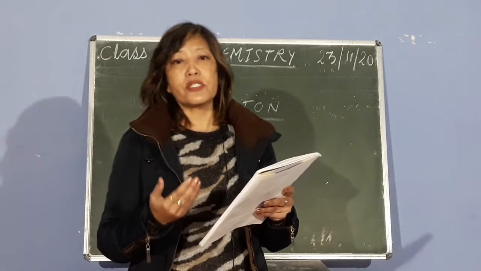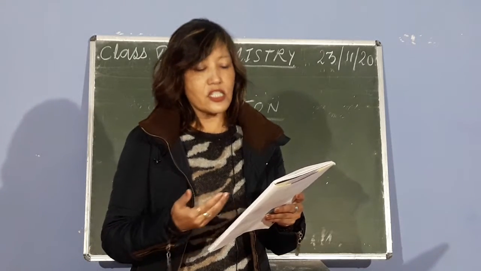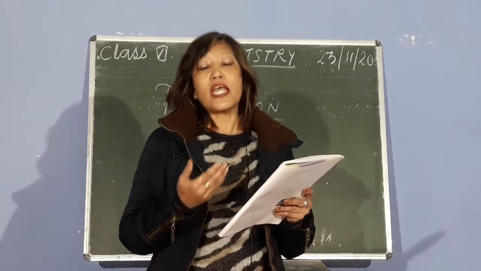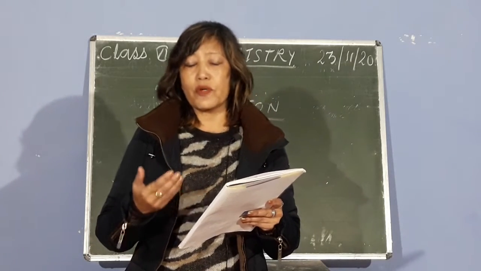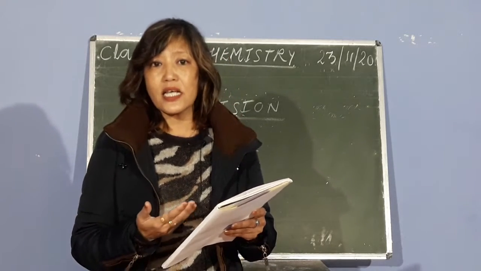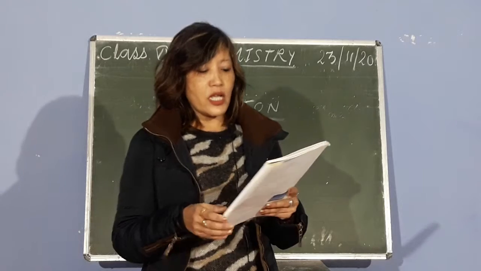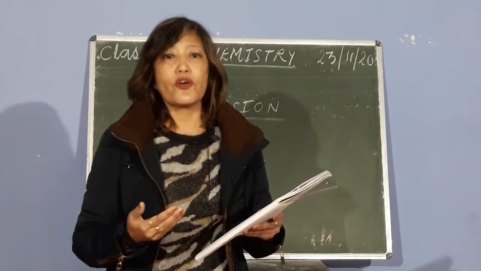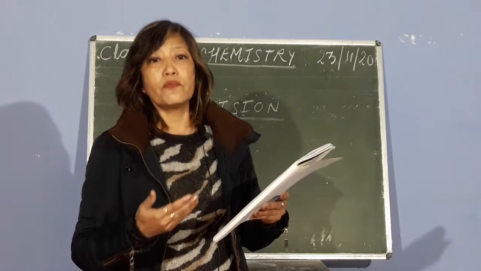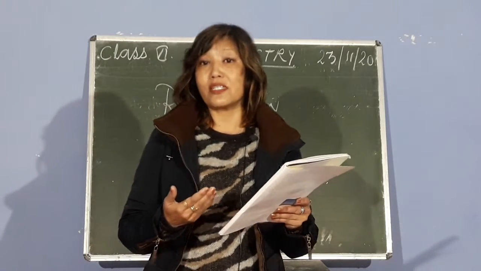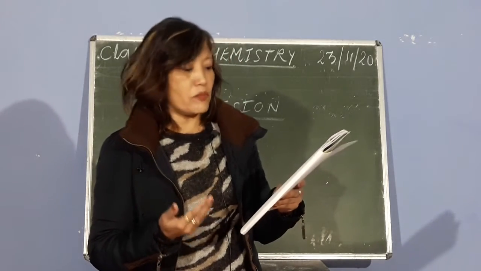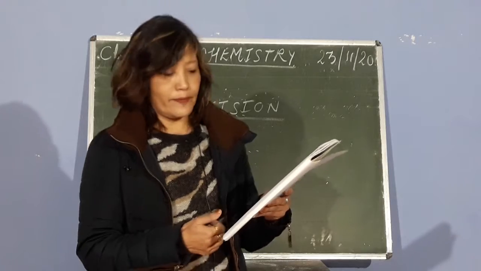Now if you see the percentage of these constituents in the air, then about 78% of nitrogen is present in the air and 21% of air contains oxygen. So if you see the major constituent, then your answer will be nitrogen based on the percentage of nitrogen that is present in the air. So the first one is nitrogen. It is the major constituent of air.